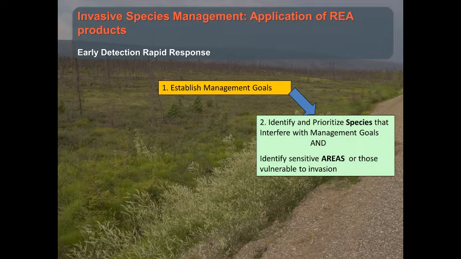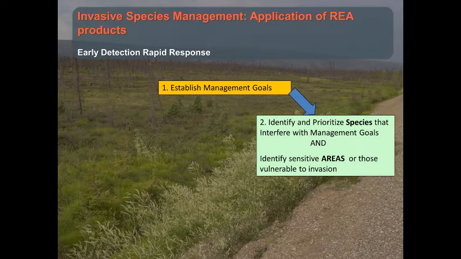And then, where are some of the products that are coming out of the REA potentially useful? When we're developing these early detection and rapid response protocols for dealing with weed invasions or non-native invasions in general, after these management goals have been established, it's useful to know what species are likely to be causing problems in those areas that are most susceptible to invasion.